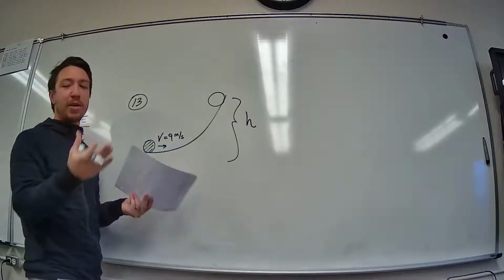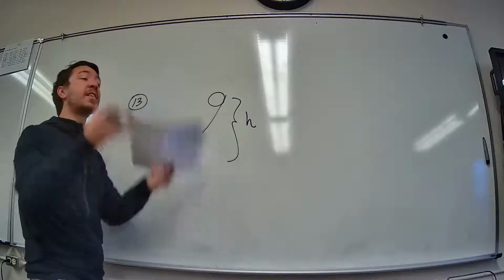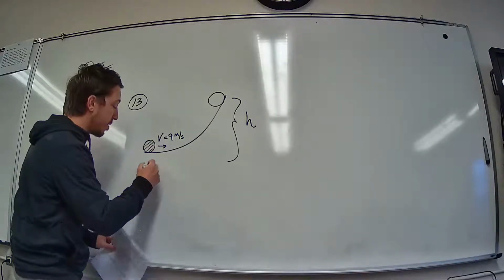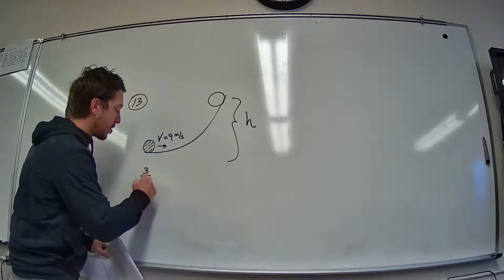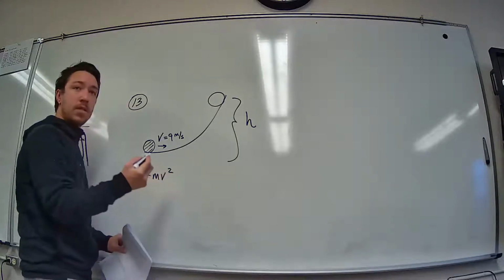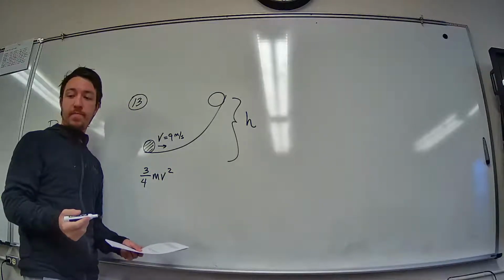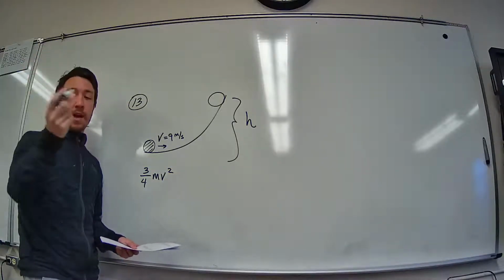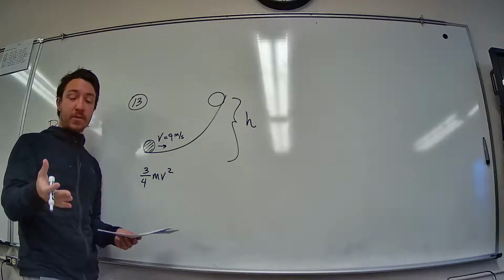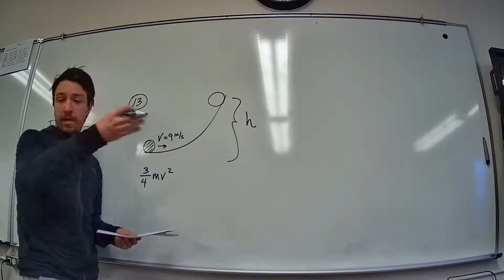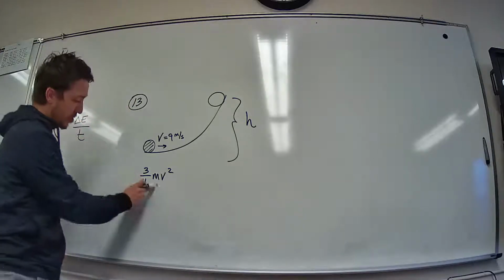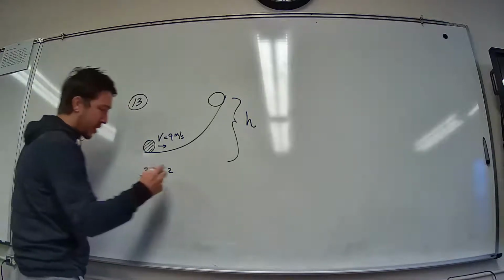A rolling solid cylinder would have a total kinetic energy of 3/4 mv squared. We got it by starting with 1/2 mv squared plus 1/2 I omega squared, the kinetic energy plus the rotational kinetic energy. This is the total kinetic energy of this rolling object.